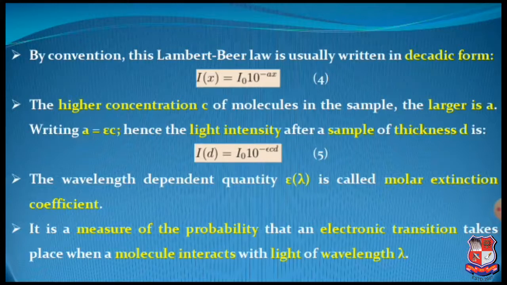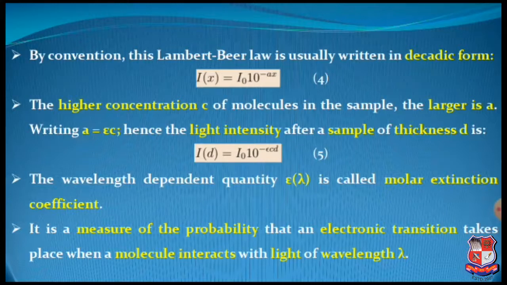Moreover, if the material has a higher concentration of molecules, which we denote as small c, the larger is its absorbance, because a is equal to epsilon into c, where epsilon is the molar extinction coefficient.